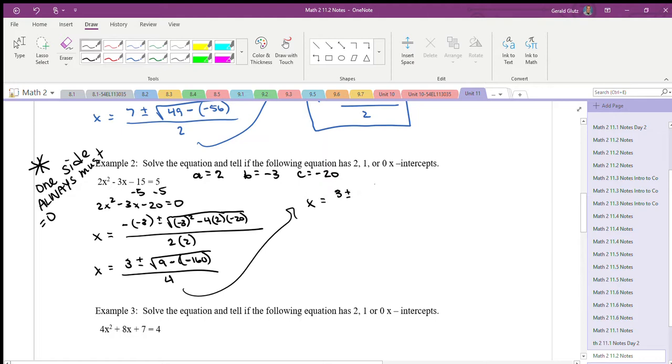So 3 plus or minus, that turns into 9 plus 160, divided by 4. So 169. I happen to know that the square root of 169 is 13. So 3 plus or minus 13 divided by 4.